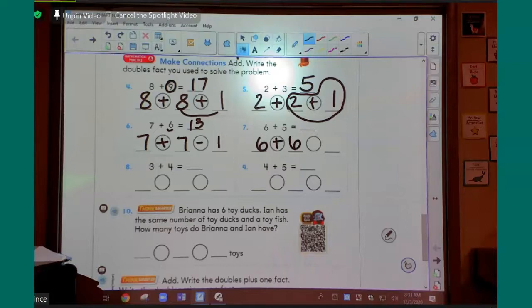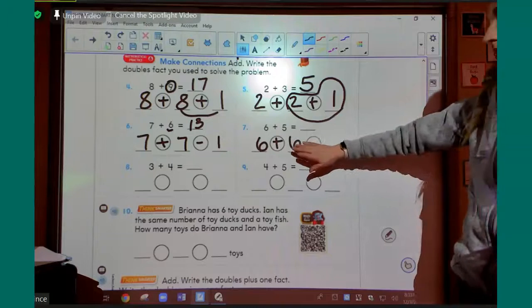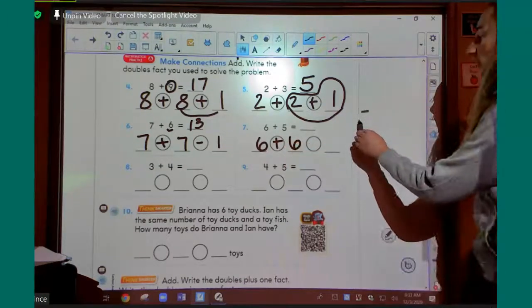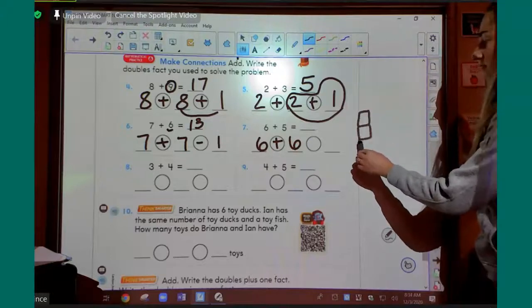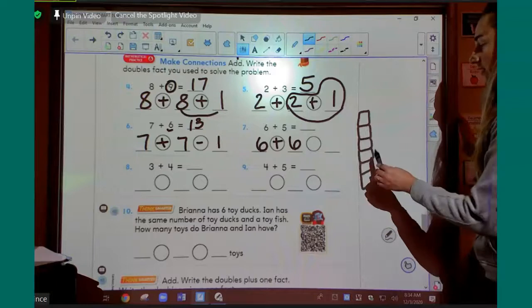Is 11. 6 plus 6 is 11. 6 plus 6? Yeah. Let's draw our towers to help us. So here's 6.